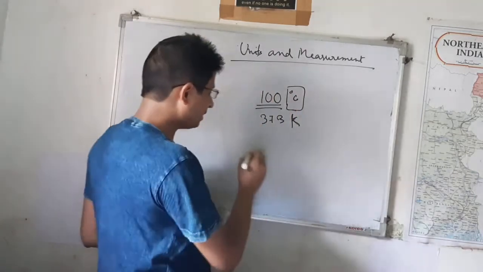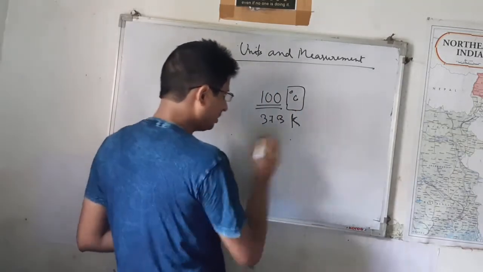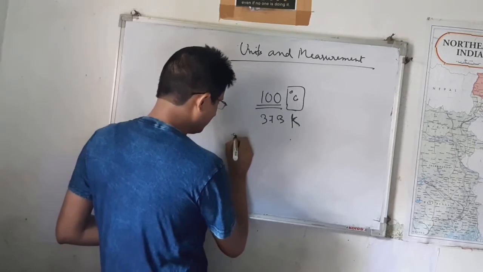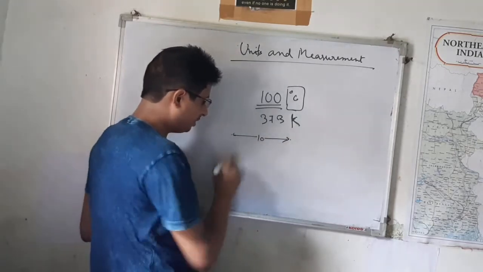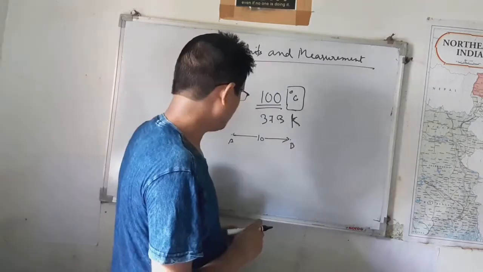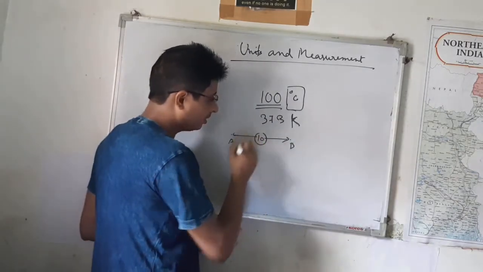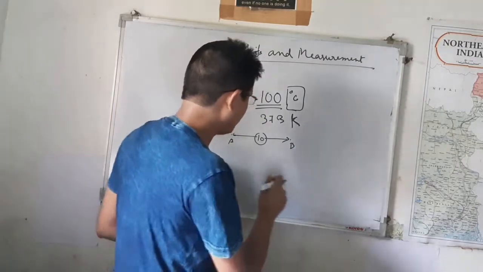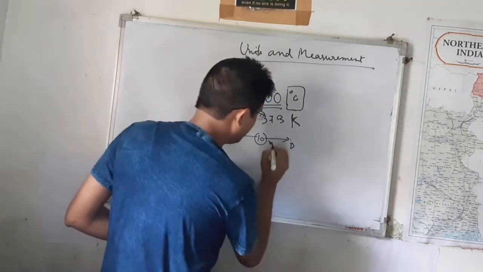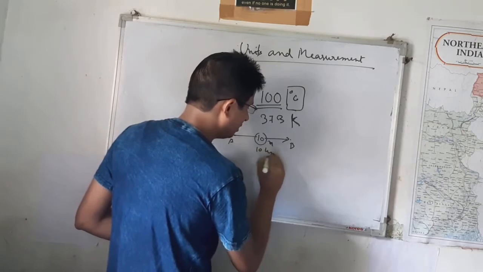Similarly, I want to measure the distance between 2 points. Suppose the distance between 2 points A and B is 10, but this value is unable to reflect all the information. We have to add some quantity, suppose 10 meter or 10 kilometer.